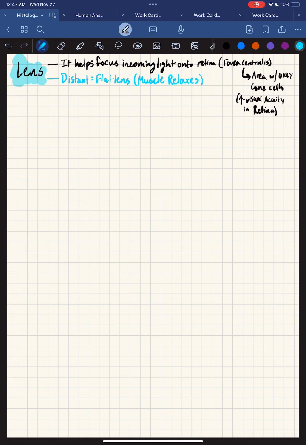Whereas if you're looking at something close by or near, the lens rounds, which means the muscle is no longer relaxing, it is contracting.